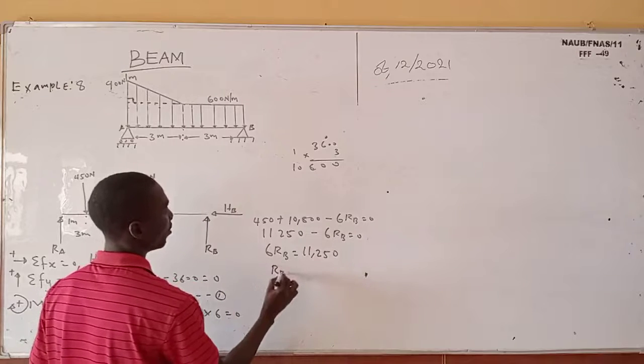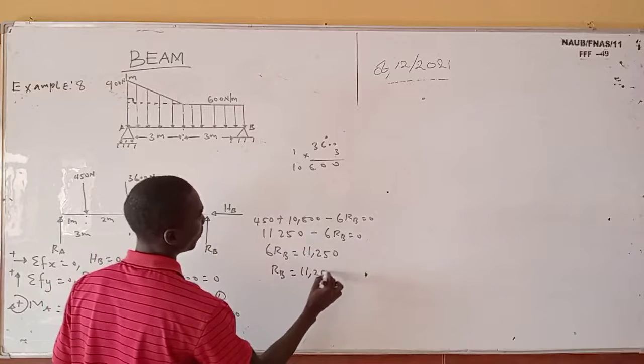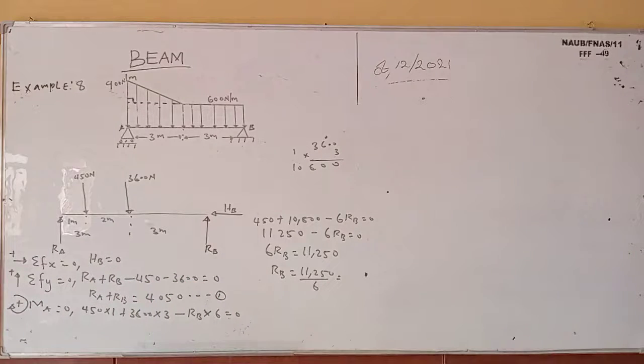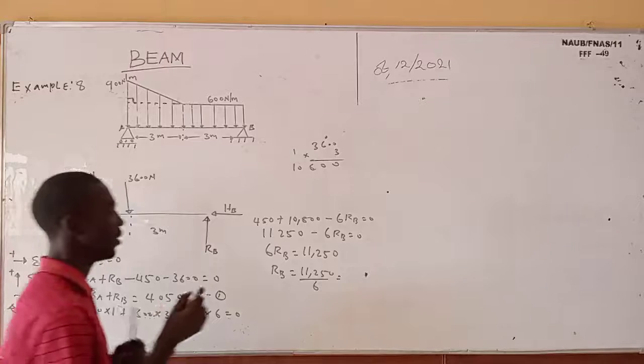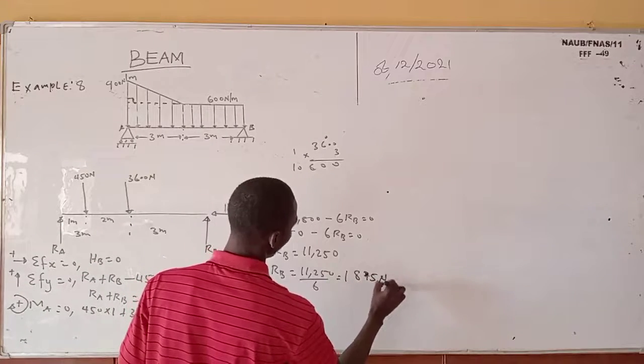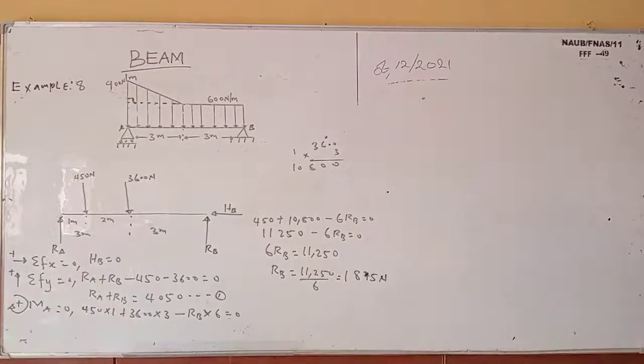So ROB will be equal to 11,250 over 6. If you divide this, 11,250 divided by 6 is 1,875 Newton. So now, can we get our ROA?